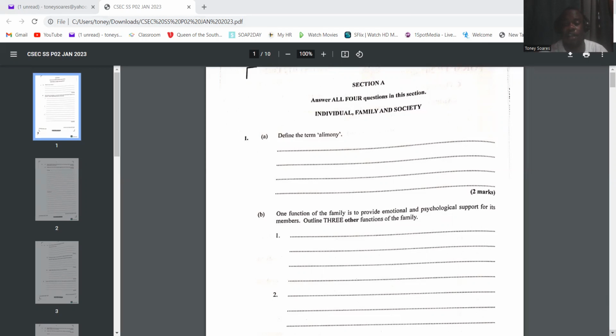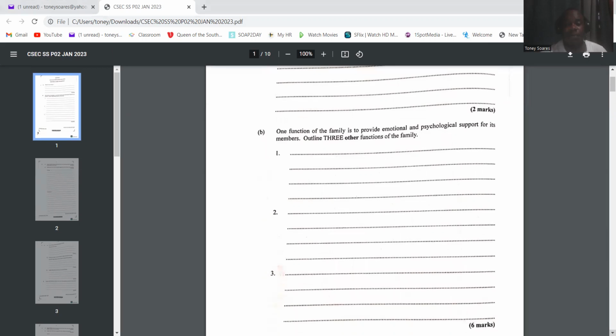Your answer is determined by the amount of marks for each question. So it's 6 marks total, which means 2 marks for each answer. So you need a sentence or 2. That should be good enough.